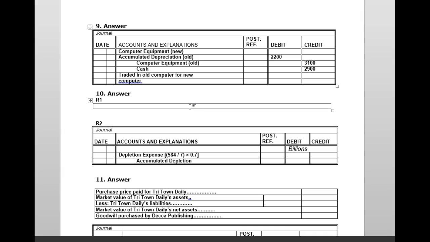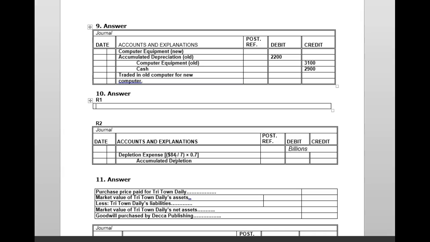you would use, which would be unit of each unit that you bought. And that was $84 billion, and it had 7 billion units of oil. So each unit of oil would be found by dividing 7 billion into 84 billion.